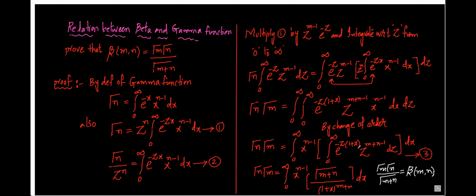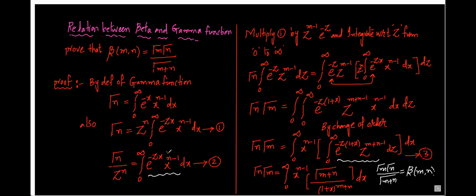Yes, sir. What is the difference here? Just compare this part of equation number 3 with equation number 2. Here the variable is z, here the variable is x. Forget about the variable; it may be x, z, or y.